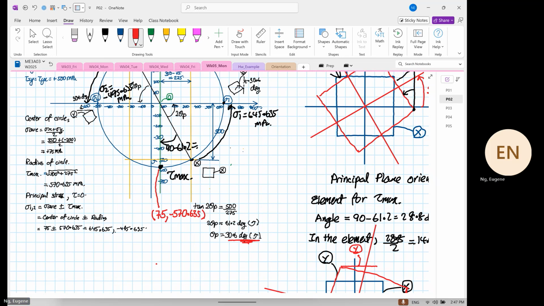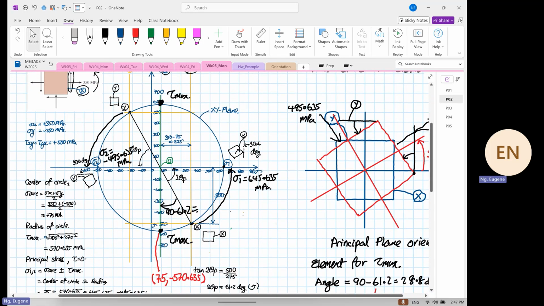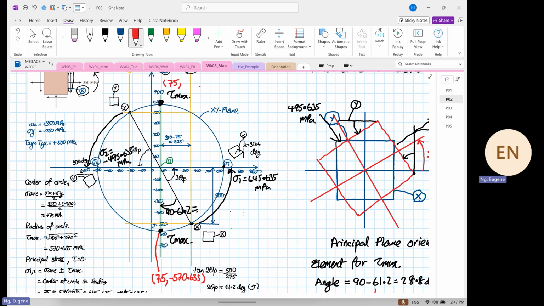And then at the top, our normal stress is 75, and then we have positive 570.635.